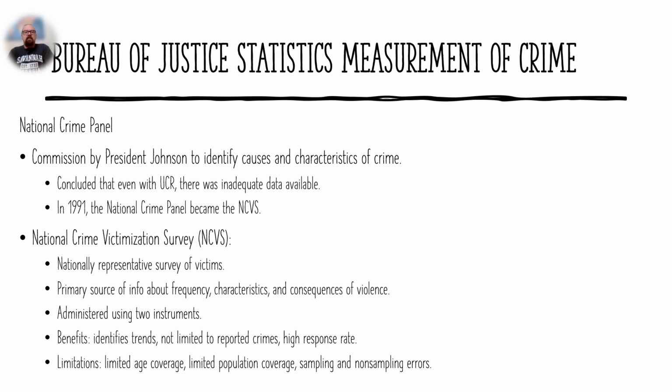And this can present a conundrum in terms of how do we count those series victimization victims. Some common examples of series victimization are intimate partner violence or domestic violence, sex trafficking, bullying, things like that.